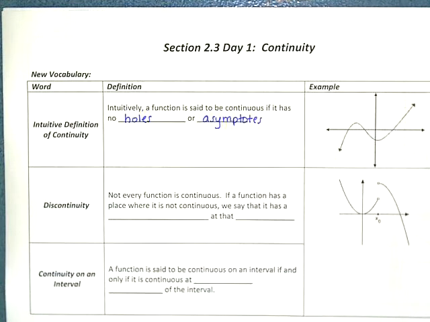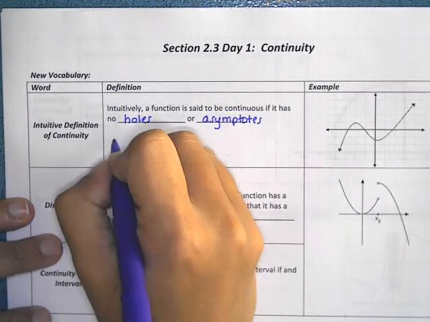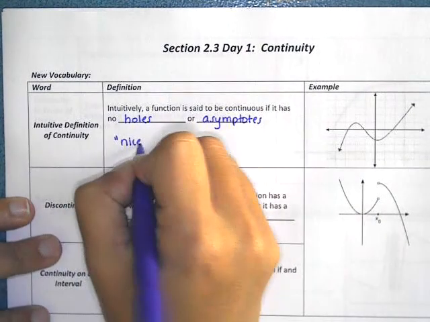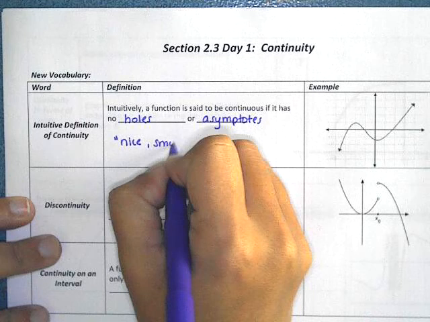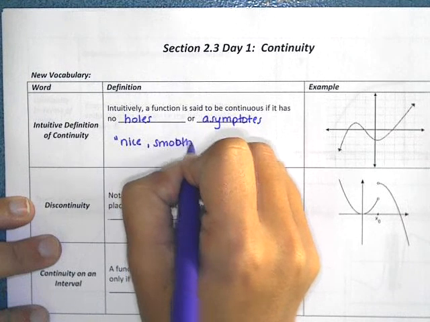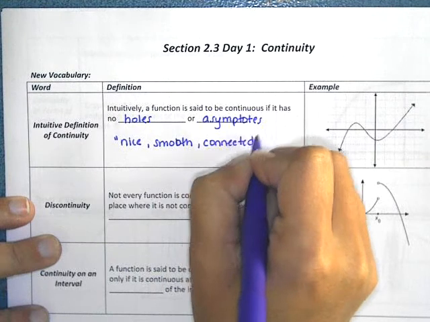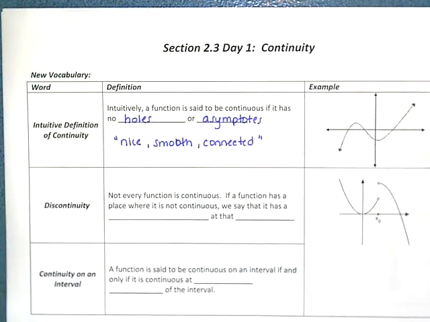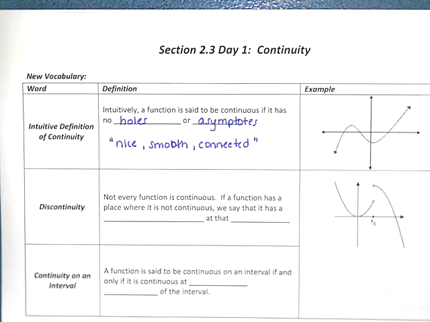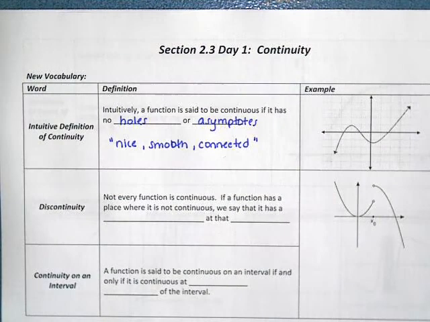The reason we would say this is because the word continuous literally means nice, smooth, and connected. And usually when a graph is not nice and smooth and connected, it is because the graph is going to have a hole or an asymptote somewhere.